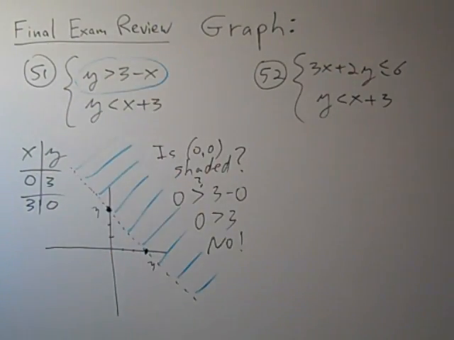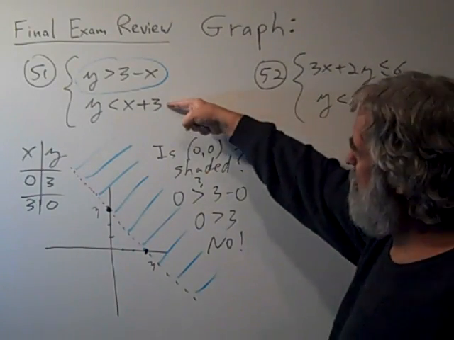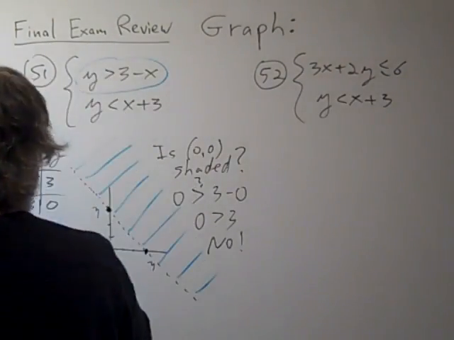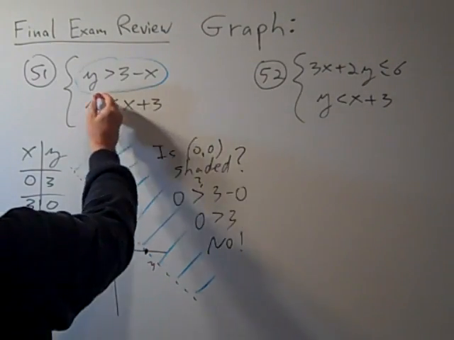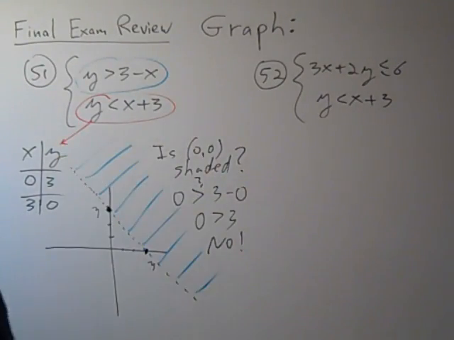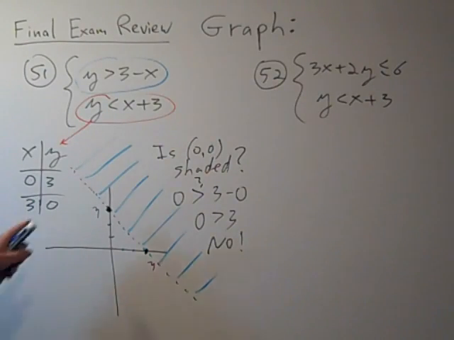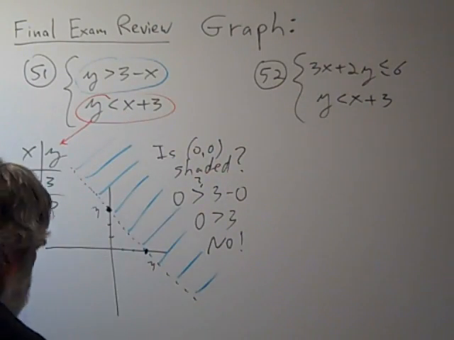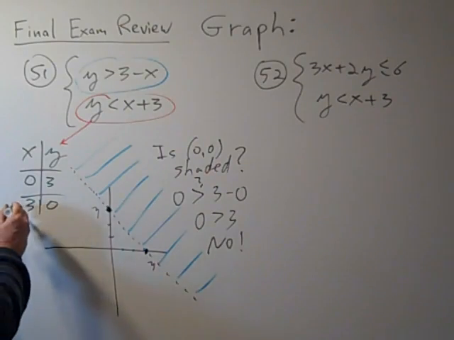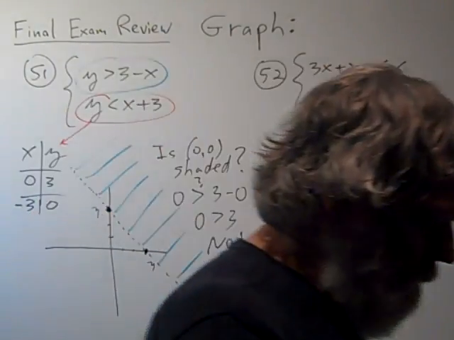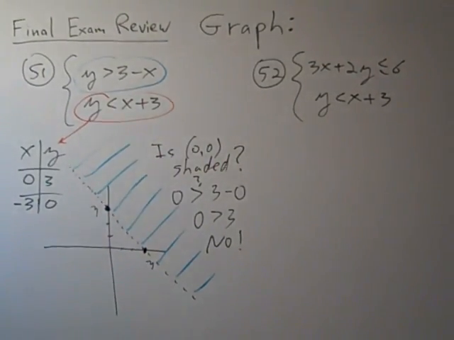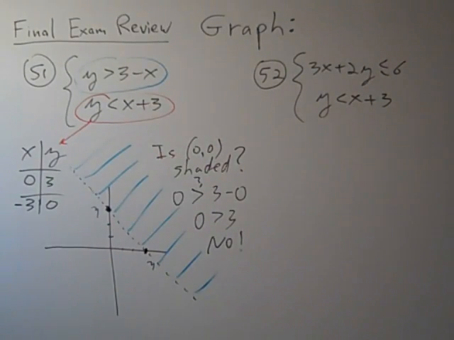And now we have to plot the second line. y is less than x plus 3. So let's do that one now. And we need a couple of x values for that one. If x is 0, y is 3. But now x has to be negative 3 for y to equal 0 here.